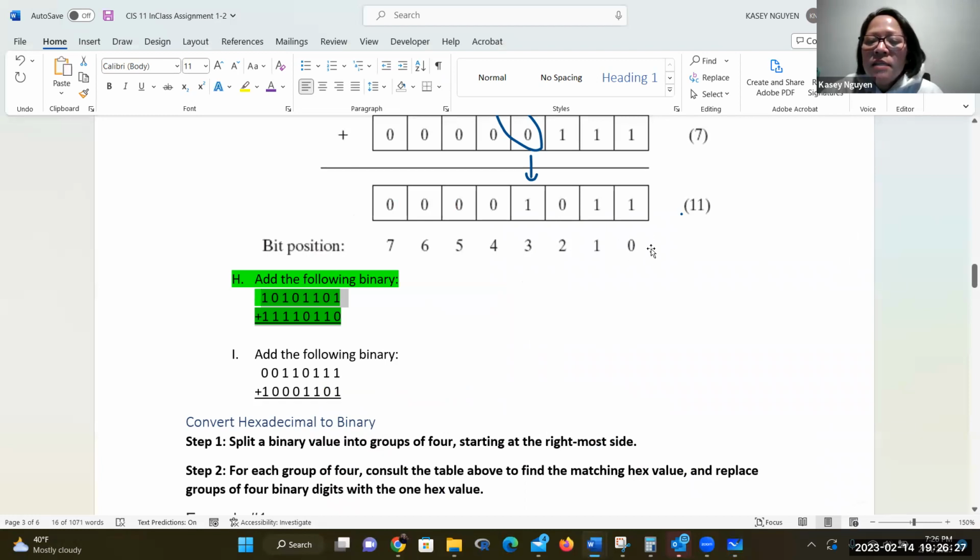This is bit 0, bit 1, bit 2, bit 3, bit 4, bit 5, bit 6, bit 7, bit 8, bit 9, bit 10. That just represents the position of the bit. And this is the least significant bit on the right. So this is just telling you which bit it is.